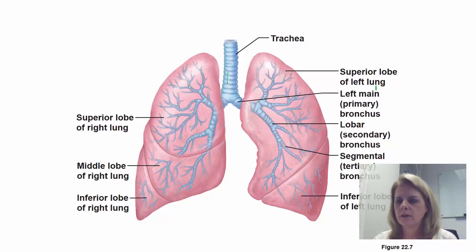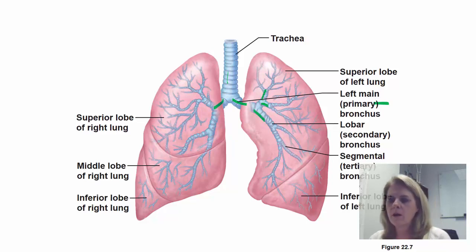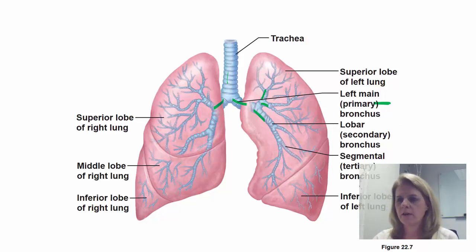So here you can see that a little bit better. Here's your trachea. You have your primary bronchus on your left side, right side, and it's going to divide into these smaller bronchus or bronchi. The way they name them is primary is the first branch. Secondary is when that first branch branches again, so it's the second branch.